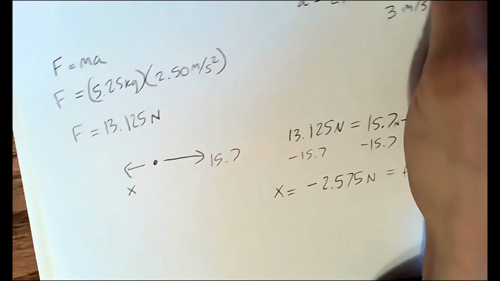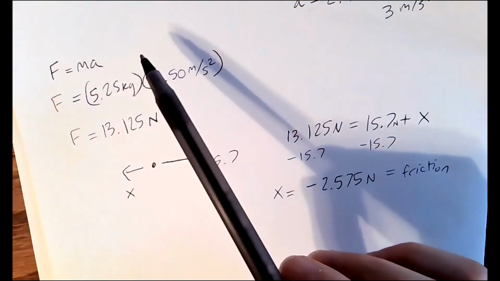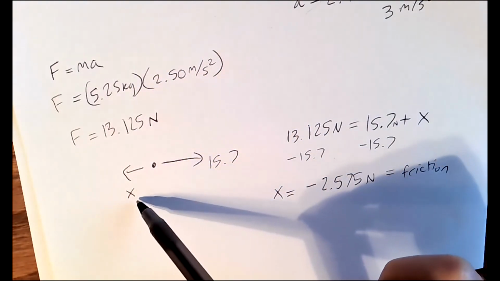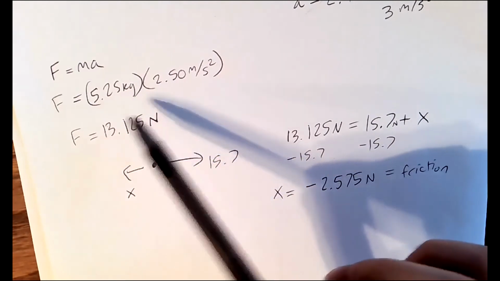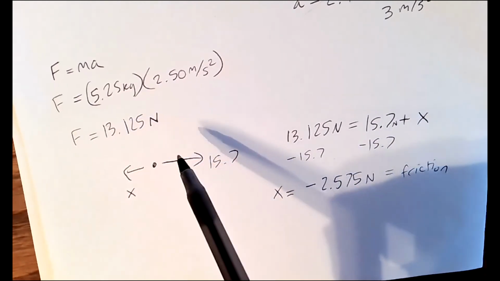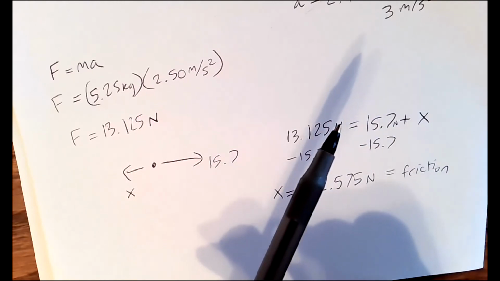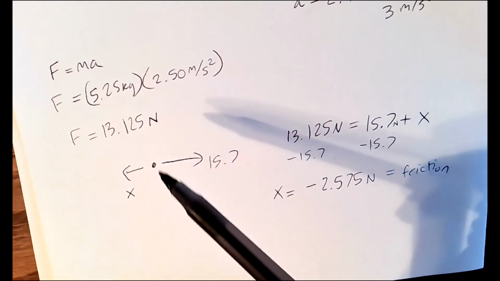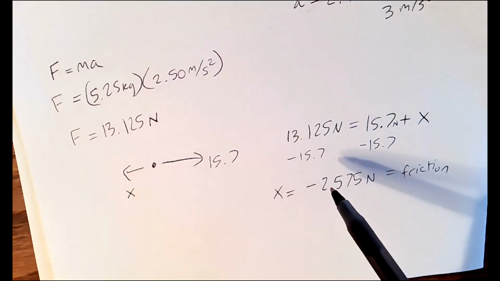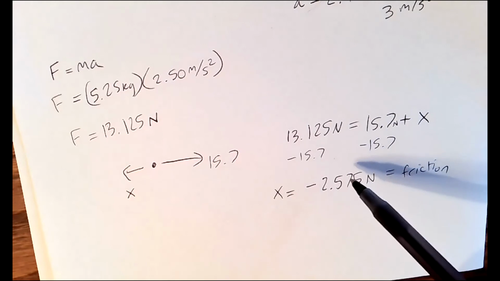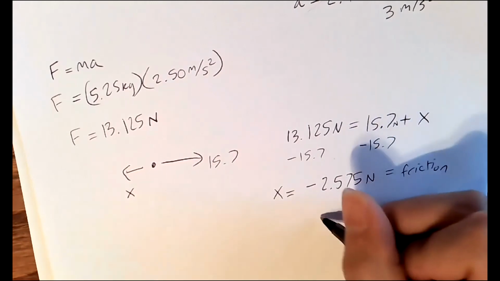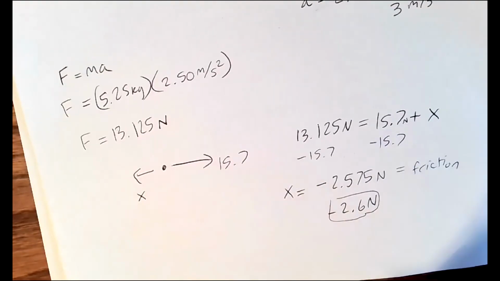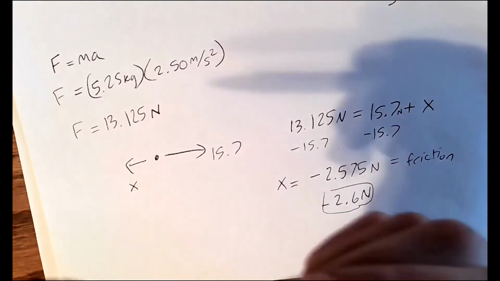So we need to find the new net force and then solve for friction. Okay, this is what the net force actually is. If she's pushing 15.7 this way, what is x to make sure the net force is 13.125 newtons? Well, it's negative 2.575 or negative 2.6, going in the opposite direction, okay?